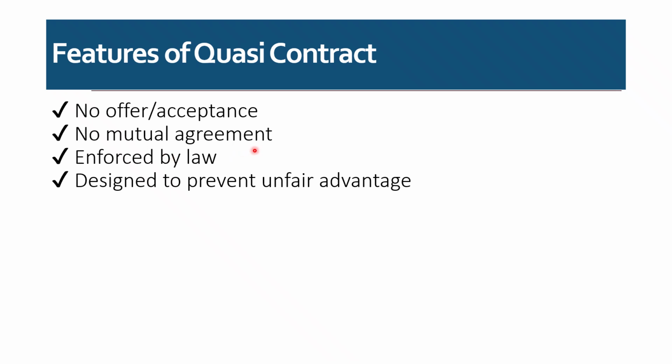The law only treats the situation as if a contract exists. Then we say that it is designed to prevent unfair advantage. Therefore, it is based on equity and justice, where nobody should benefit unfairly. For example, paying money by mistake, finder of lost goods, necessary goods supplied to a minor. These are all extremely scoring areas in the exams, right?